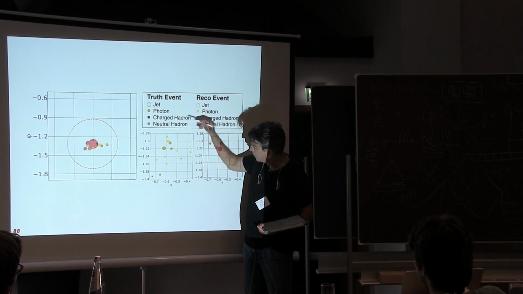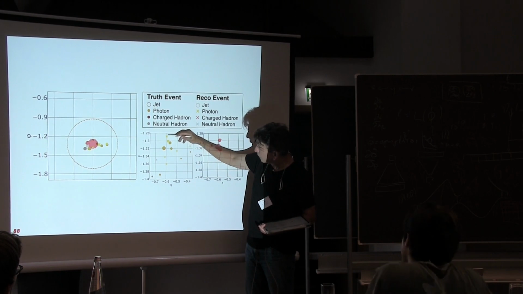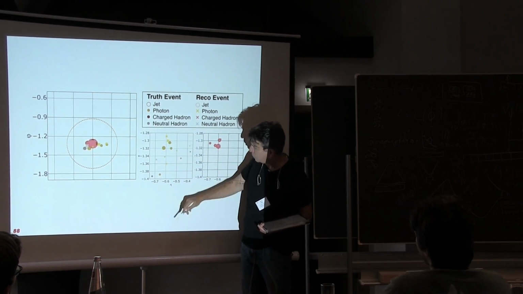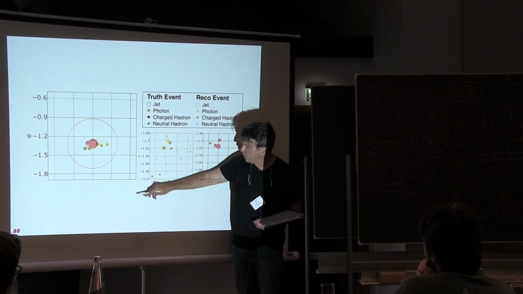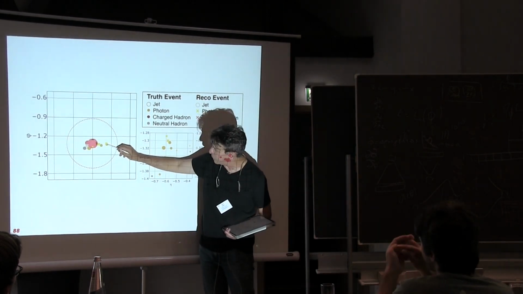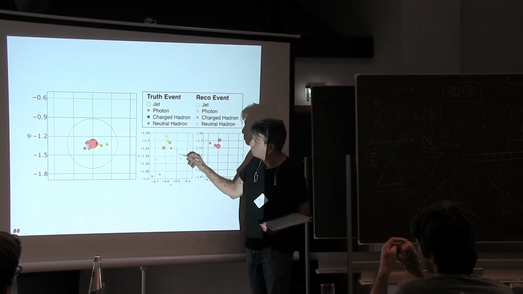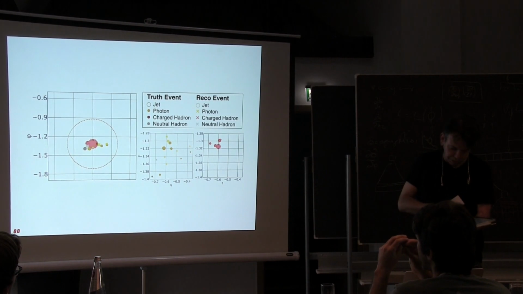This is eta phi. It's very close by because the scale is a magnification of the scale here. But here you see exactly how far it is when you look at the right scale. It's not exactly on point, but it's doing the job. Hopefully we will be able to do better.